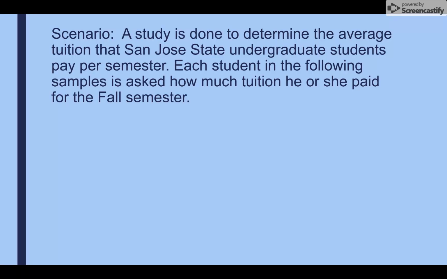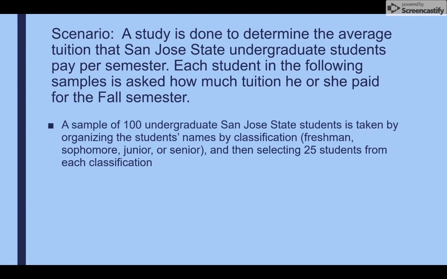Scenario number 1 says, a study is done to determine the average tuition that San Jose State undergraduate students pay per semester. Each student in the following samples is asked how much tuition he or she paid for the fall semester.